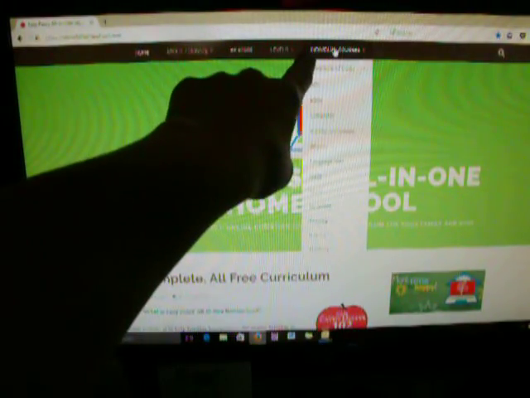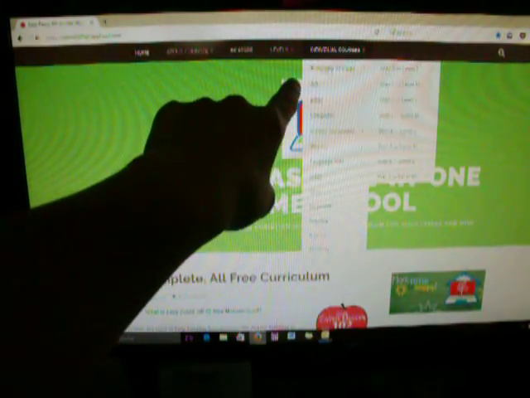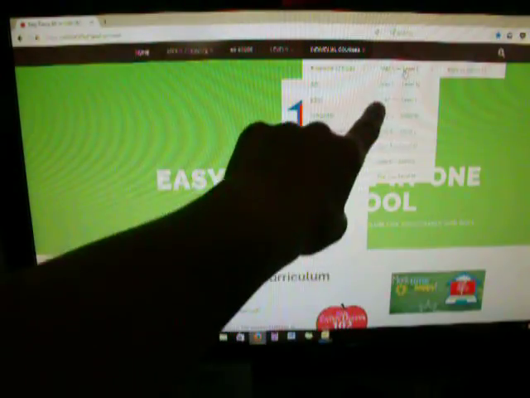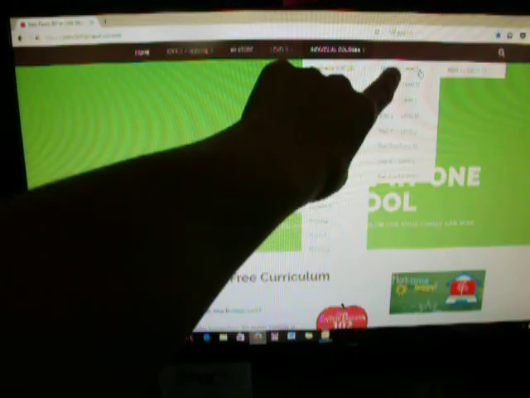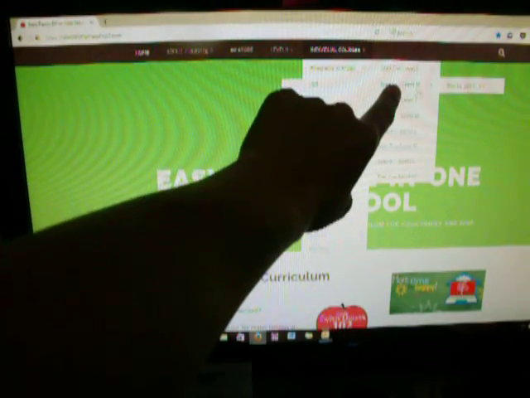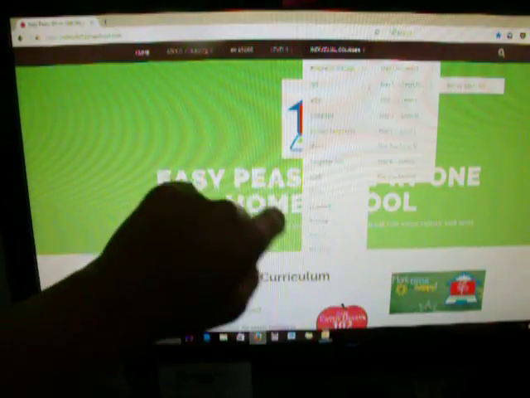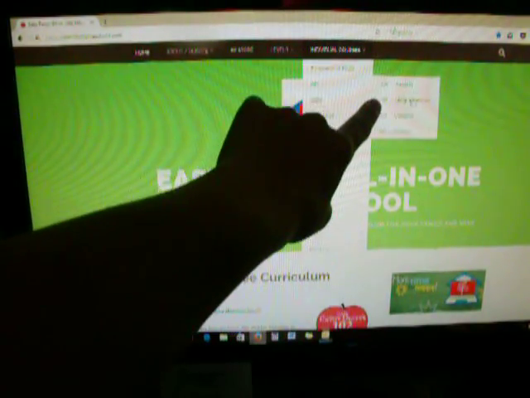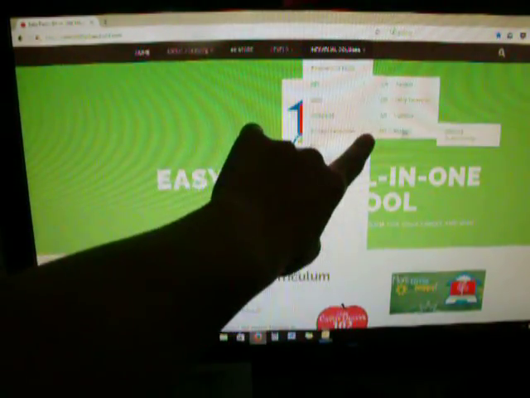Then you have your individual courses. So you have Program of Study, which is Year 1 through Year 4, and each year has a level, like the lower level for the younger kids and the middle level for the older kids. You have Art. Under Art, you can study Ancient Art, Early American, Cultures, and Modern.